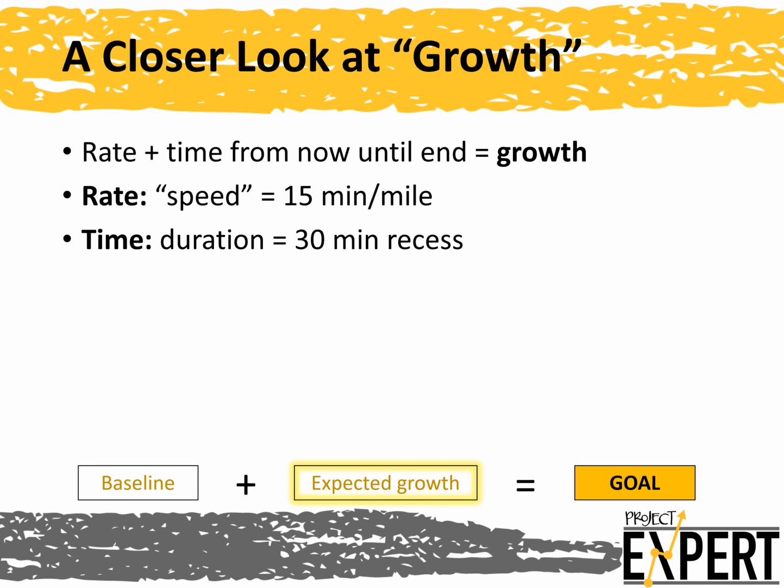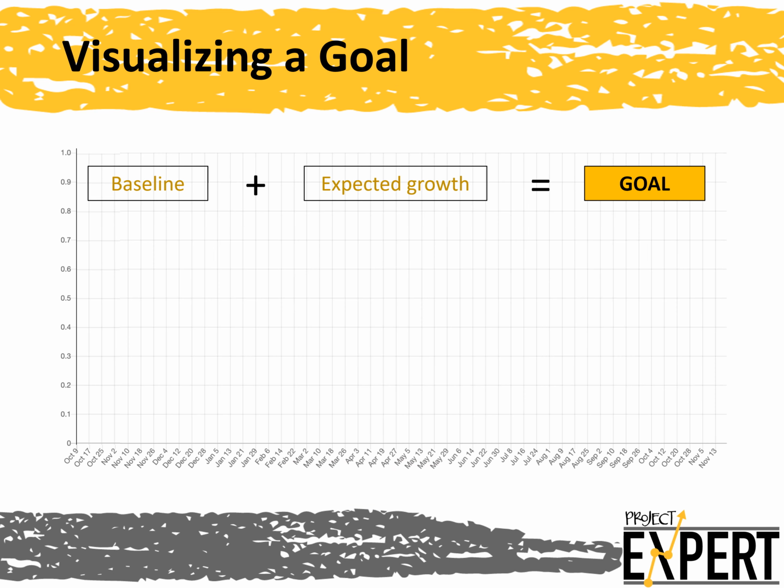How much time do we have? Well, afternoon recess for your class is 30 minutes. So you know that your students might reasonably walk a 15-minute mile in a 30-minute recess. So a reasonable expected growth for your class, or benchmark for the speed walking competition, could be 2 miles covered during afternoon recess. Now let's see what a goal looks like with these pieces in mind.